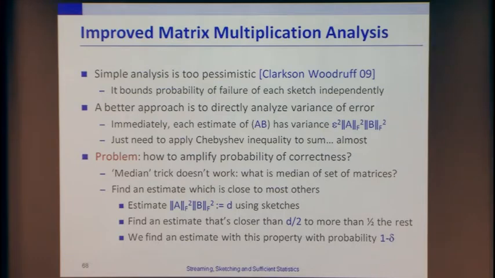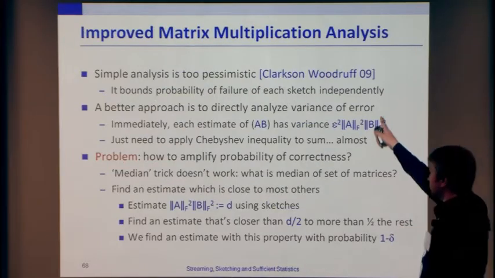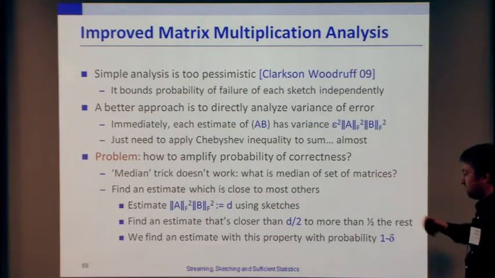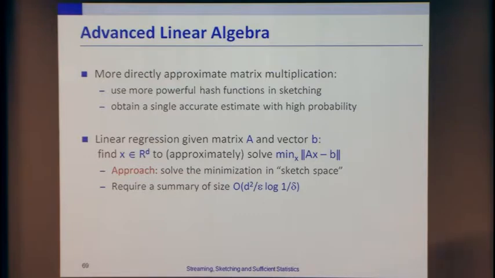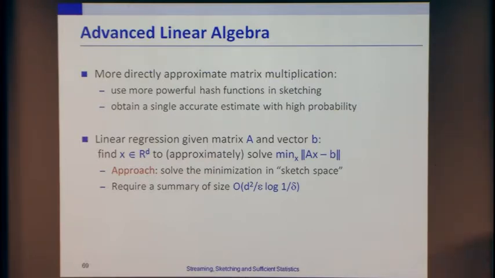So it's a little bit fiddly to do that. You can go other approaches. This is due to Clarkson and Woodruff. They outline this approach. They also say that if we amp up the independence of the hash functions in the sketches, then you can just use a single estimate with more powerful hash functions and also get that result.